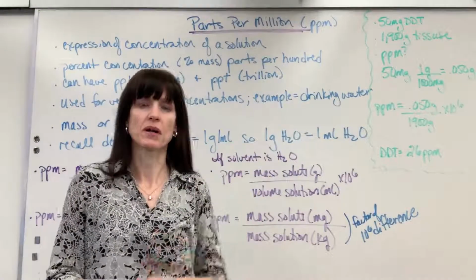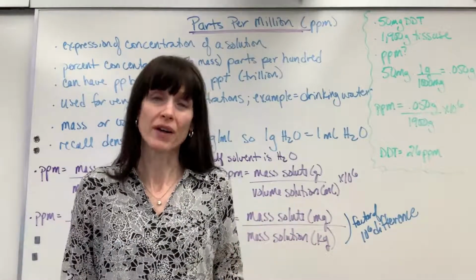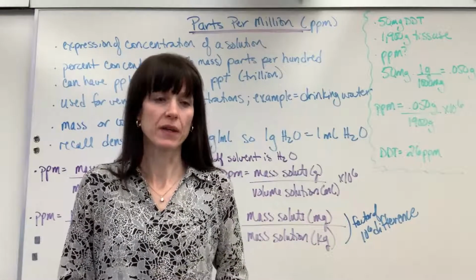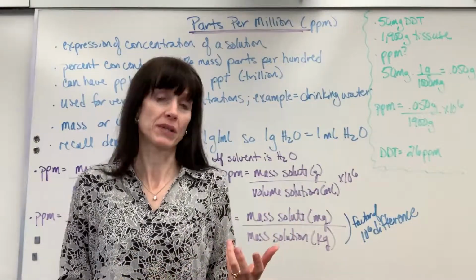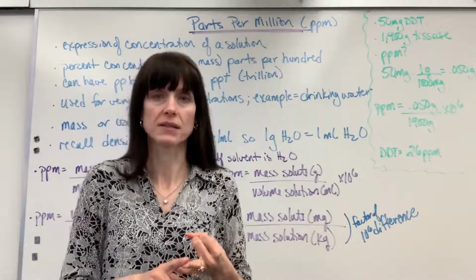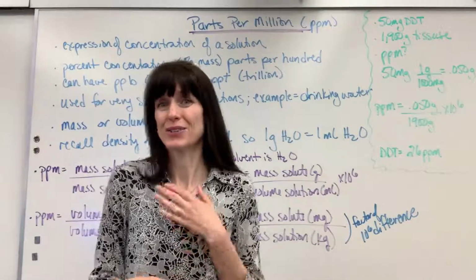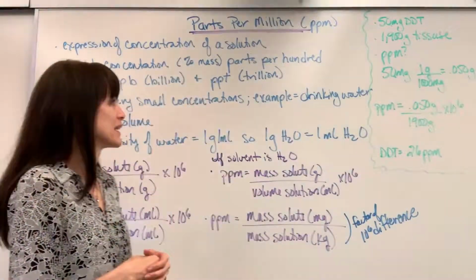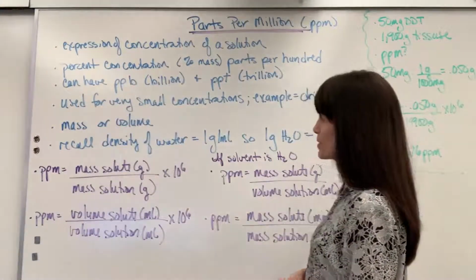Where you live, it's possible that a report is produced every year for the potable water, the drinking water, and they'll give ppb or ppm for different particulates, maybe how much lead is in the water, how much E. coli is in the water. And of course we want extremely small amounts of those in our drinking water. We don't want those going into our body. So for drinking water, you will see ppm as our unit of concentration.